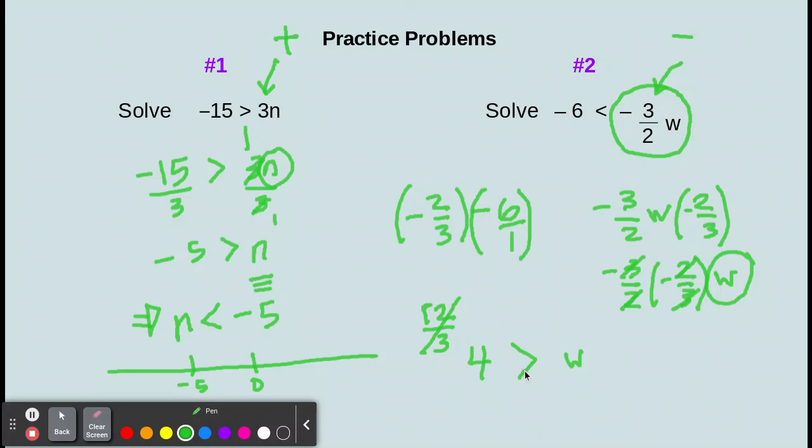So our solution is like that. And again, it reads a little funny. 4 is less than w, or w is greater than 4. We can rewrite it like that. Okay, so then on your graph, you'll need to find 4, and you'll need to graph this. And that's it.